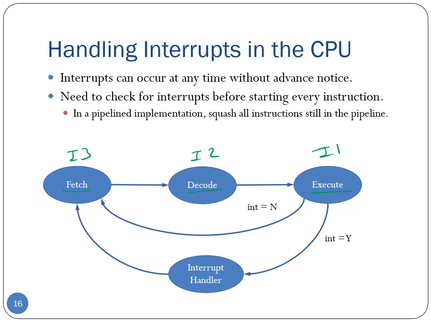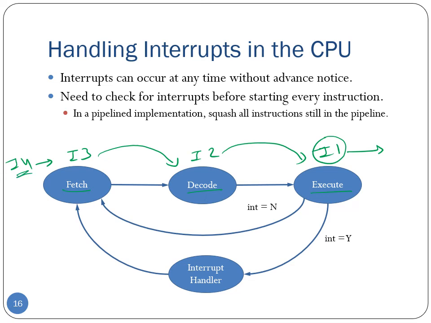Previously we have seen that as soon as instruction 1 finishes, it graduates out of the pipeline, instruction 2 will move to the execute stage, instruction 3 will move to the decode stage, and instruction 4 can start fetching. However, if we have interrupts in our processors, we cannot directly start fetching instruction 4.